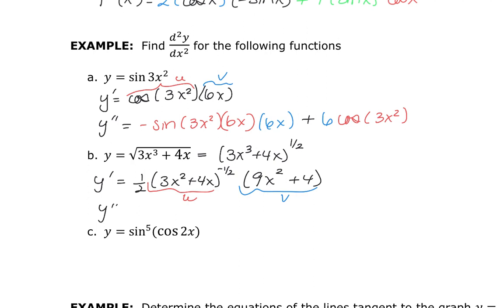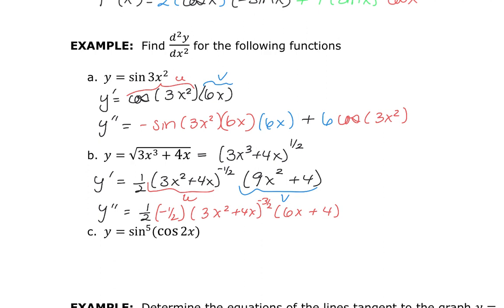So the second derivative is going to be 1/2 times the derivative of my outer function, which is negative 1/2, 3x cubed plus 4x. Now I'm going to subtract off another one, so negative 3/2. Still have to multiply by the inner function, which is going to be 6x plus 4.